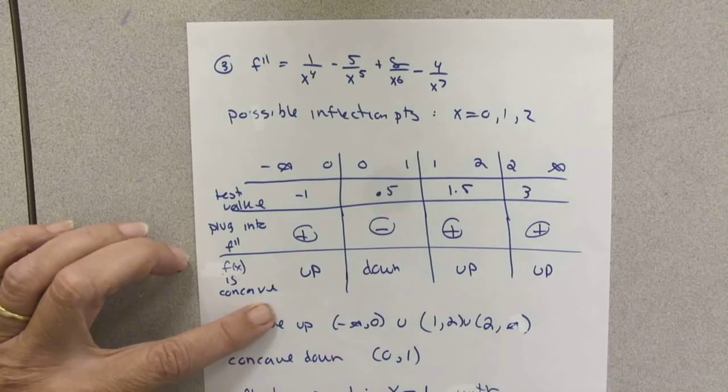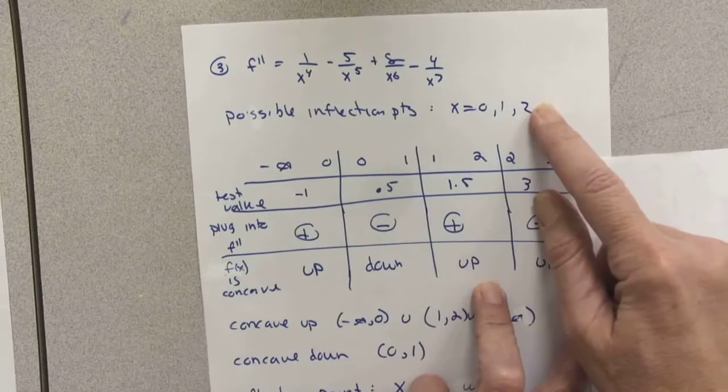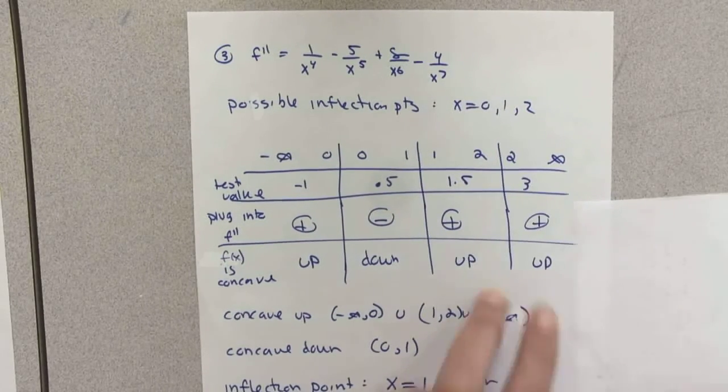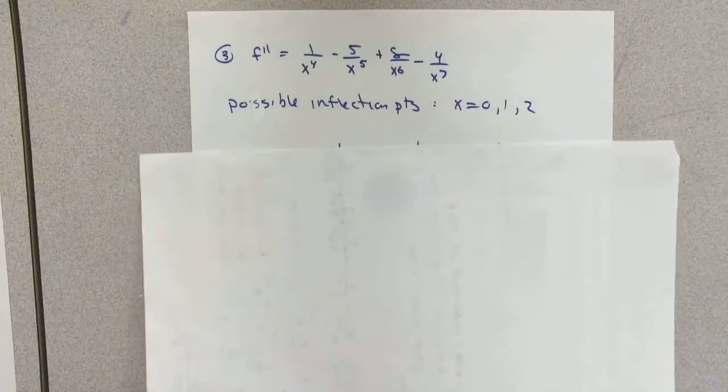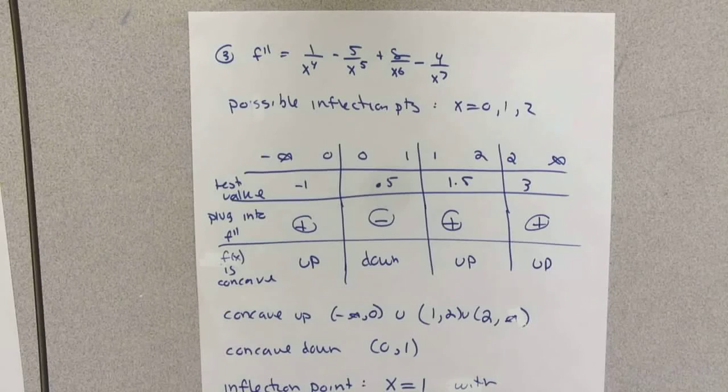But as we've already seen, you've got to make the chart, because even though 2 was a possible inflection point, it didn't turn out to be an inflection point. So it's not good enough just to do the work to discover those numbers. You've got to make your concavity chart to show that you have an inflection point. Okay, so we will move on to the next problem.